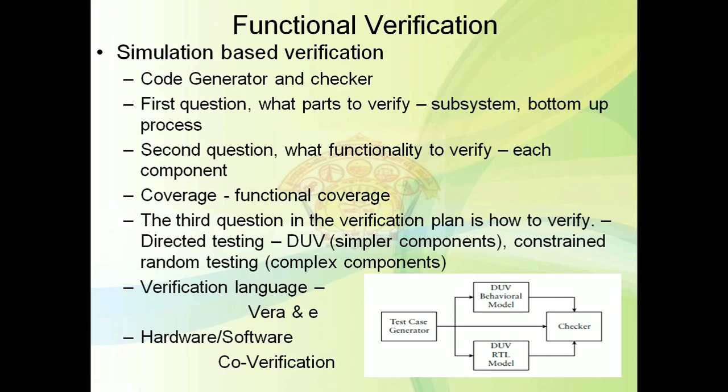Functional coverage includes the distinct operations that have been verified, the range of data values applied, the state of registers, the states of finite state machines that were visited, and the sequence of operations. All these parts are covered in functional coverage.